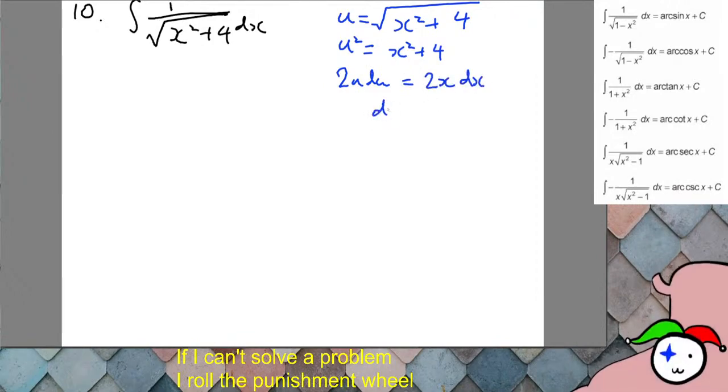So dx is u over x times du. So the u will cancel out and now 1 over x is left. But what is 1 over x? 1 over x is the square root of u squared minus 4, which brings us to something very similar.